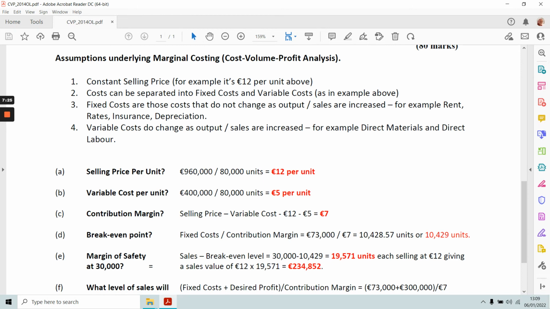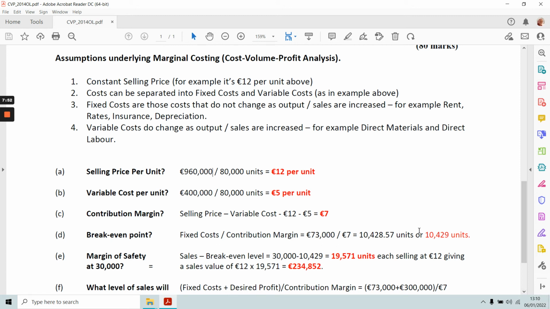Sales less break even, 30,000 less 10,429 would give us 19,571 units beyond what we need to break even, and each one of those units sells at €12 each, so that would give us a sales value of €234,852.